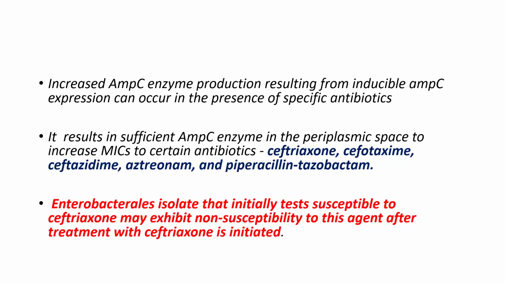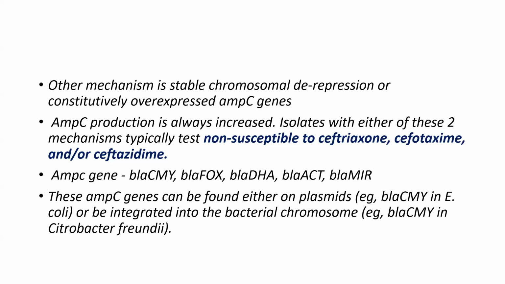So Enterobacterales isolates initially test susceptible to ceftriaxone, but later on they may exhibit non-susceptibility to this agent after treatment with ceftriaxone is initiated. So AmpC is quite a tricky one. The other mechanism is stable chromosomal derepression and constitutively overexpressed AmpC gene. So AmpC production is always increased.